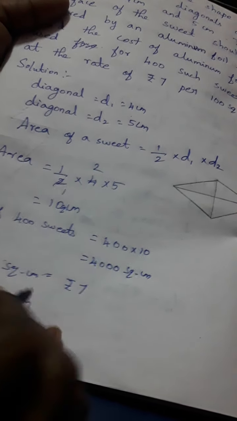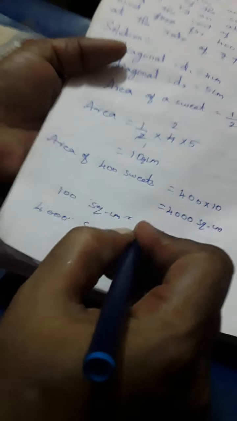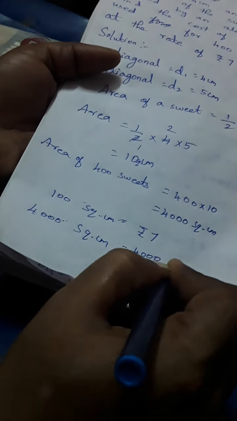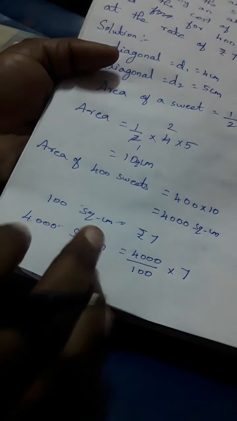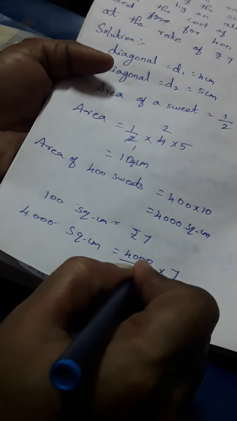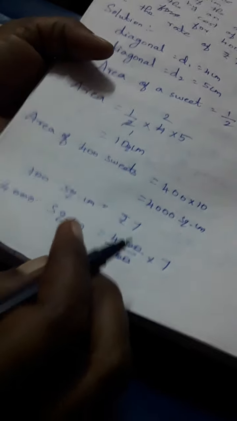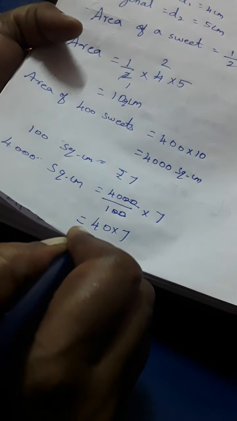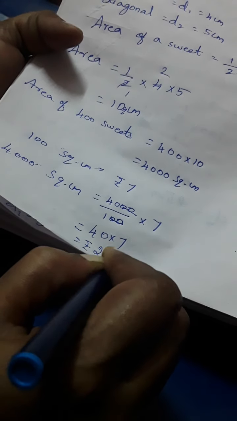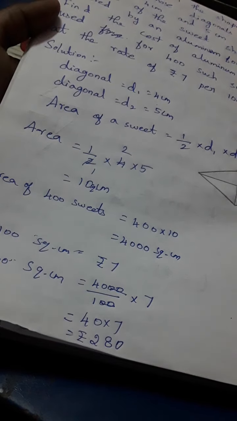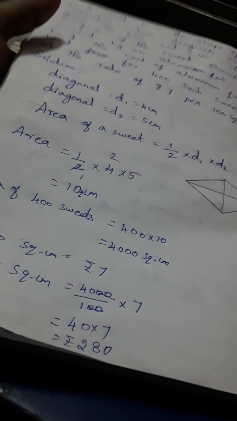How much cost? You first divide 4000 by 100 and multiply by 7. The 00 cancel, remaining 40 into 7, which is 280. So the cost of 400 sweets is 280 rupees.